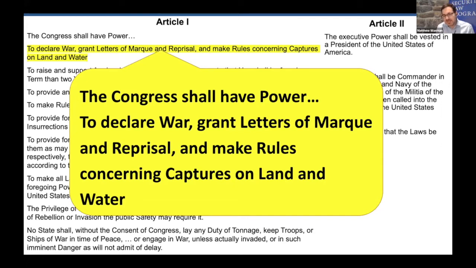Sometimes a lot is made of a particular exchange during the drafting process, where a draft of this clause that originally would have said Congress shall have the power to make war was changed to declare war. Scholars today debate what that change meant.